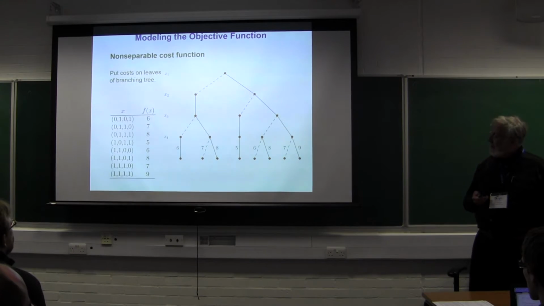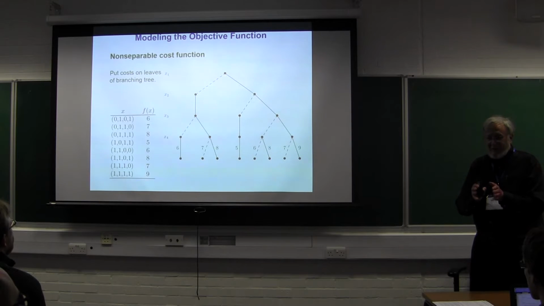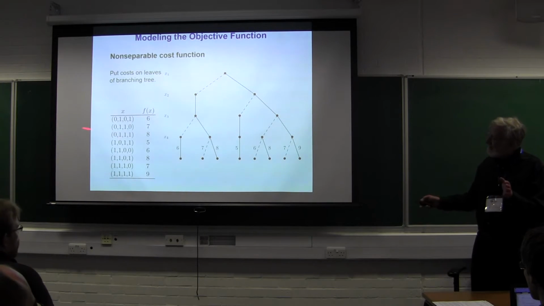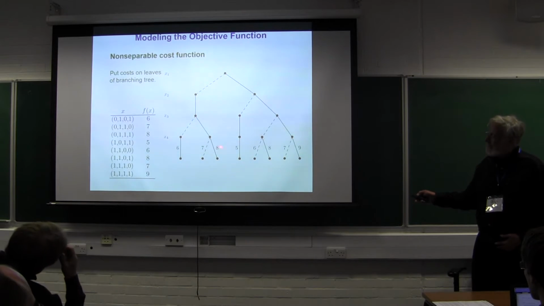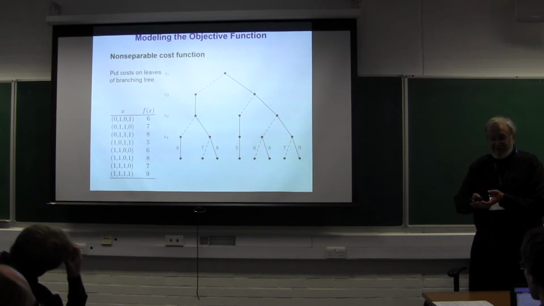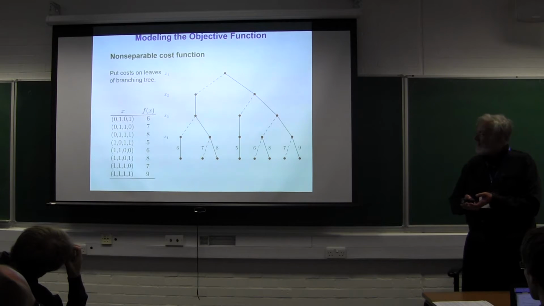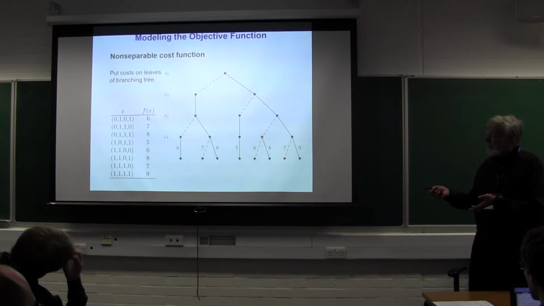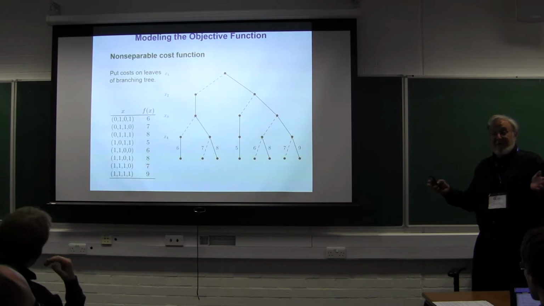Now we start reducing the tree to get a reduced decision diagram. The problem, of course, is that we have these numbers that have to match, as well as the isomorphism we have to achieve. That makes it very difficult to reduce the tree. In fact, in this case, we can't reduce the tree at all.